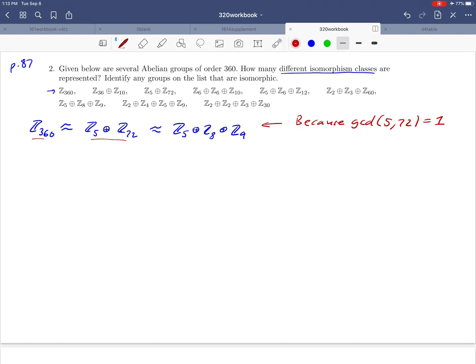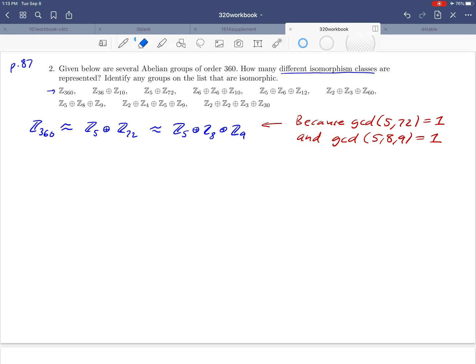We could make a similar argument for the other isomorphism. The GCD of 5, 8, and 9 is also 1, and so we decompose it as Z5 plus Z8 plus Z9, which also has to be isomorphic to Z360. So we're just using some theorems that we talked about earlier.